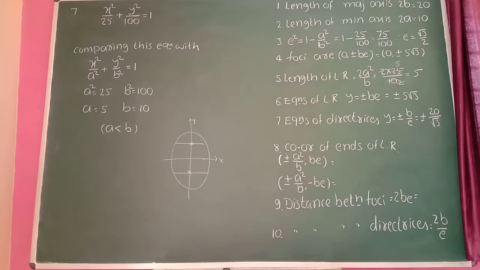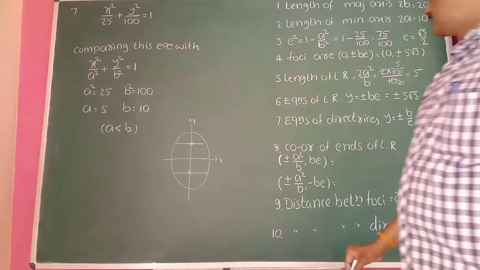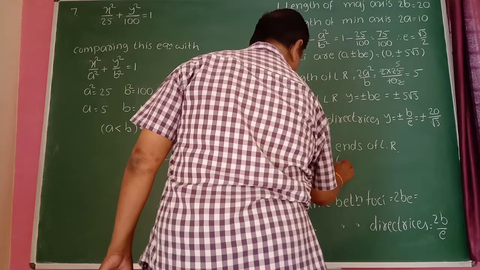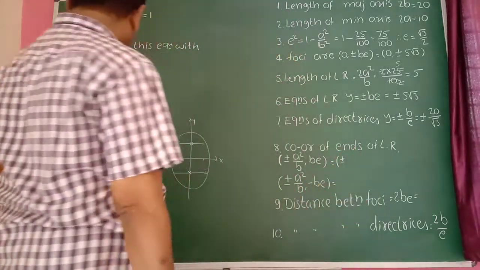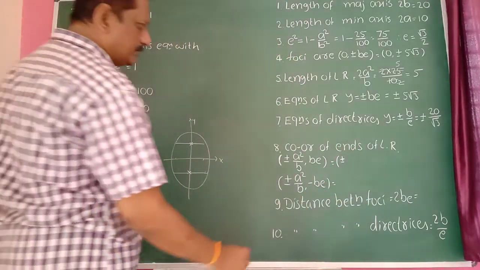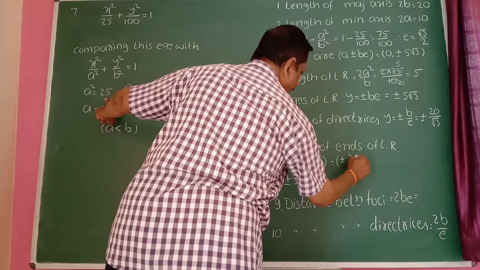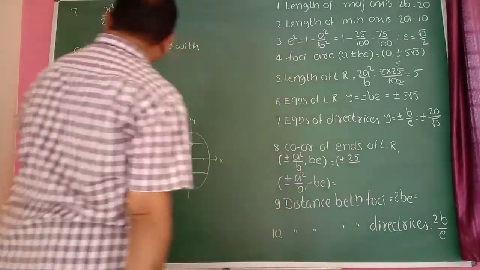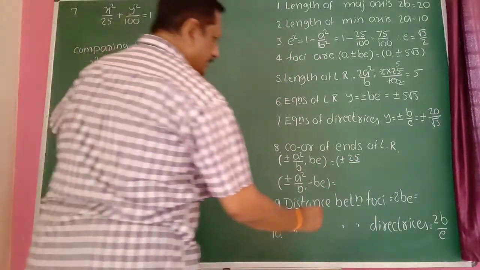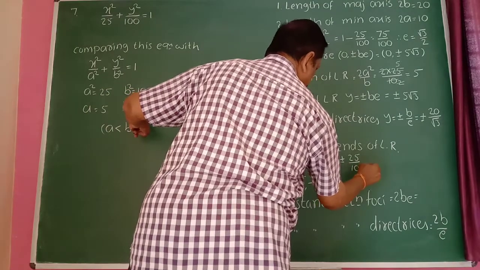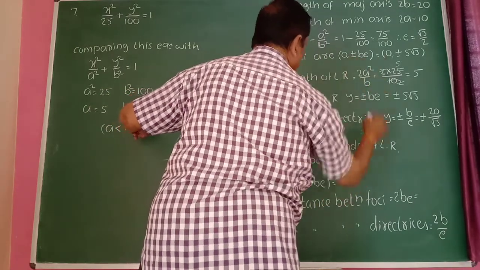20 by root 3. Then the coordinates of the ends of the latus rectum: plus or minus a square, which is 25, so write 25 divided by the b value, which is 10, comma b into e, which is 5 root 3.